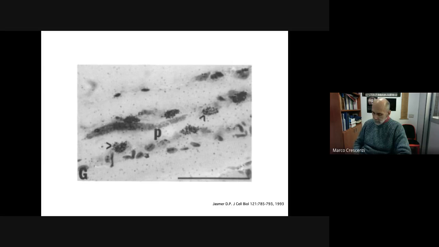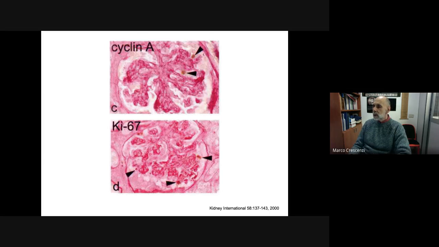One last example is podocytes. Podocytes, shown here by these arrowheads, are cells that contribute to make up kidney glomeruli. Glomeruli have long been considered unable to repair themselves. Once you have lost the glomerulus, it's lost forever. That comes basically from clinical observations.